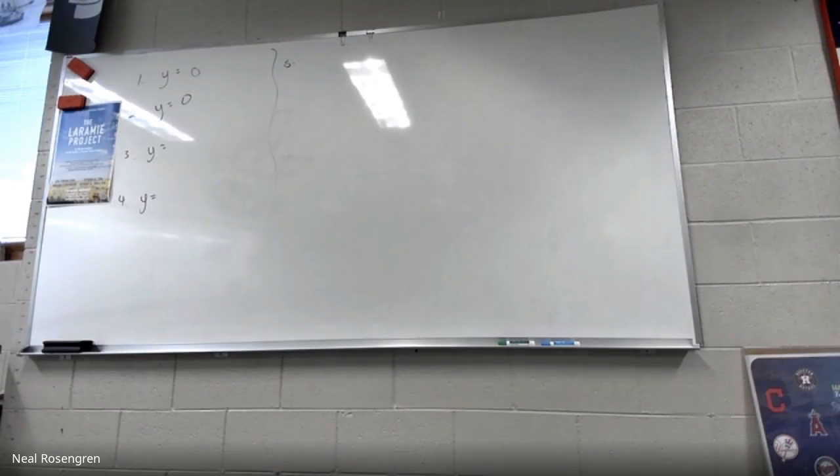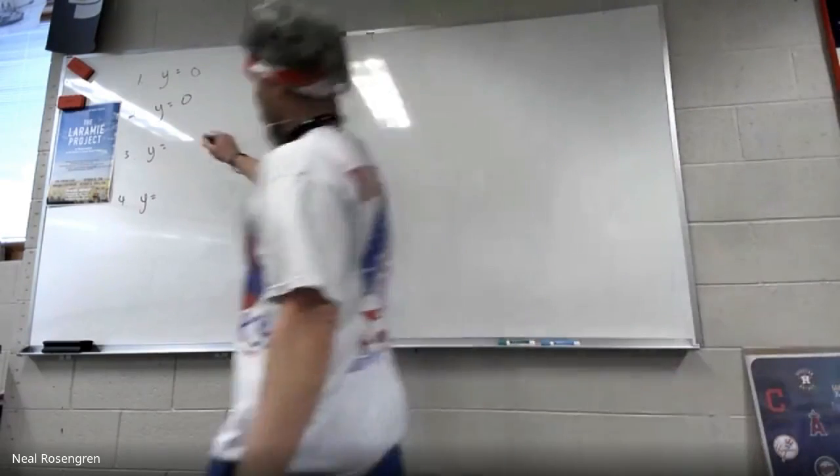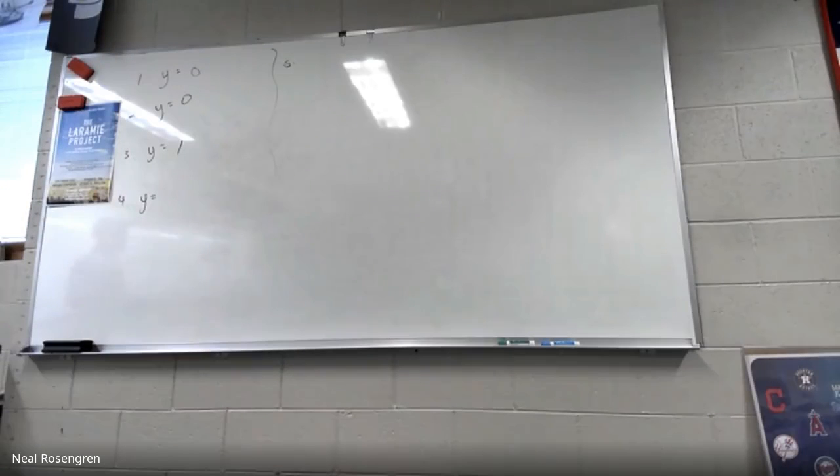The ratio of the leading coefficients. What's the leading coefficient up top? 1. What's the leading coefficient on bottom? So what's 1 divided by 1? There's a horizontal asymptote at y equals 1. Guaranteed.